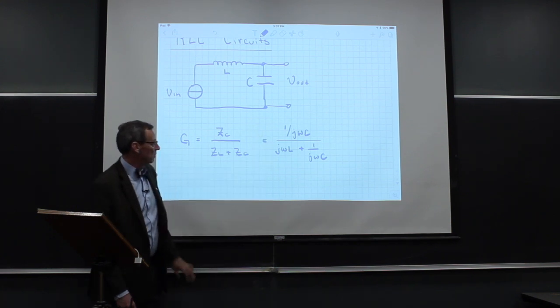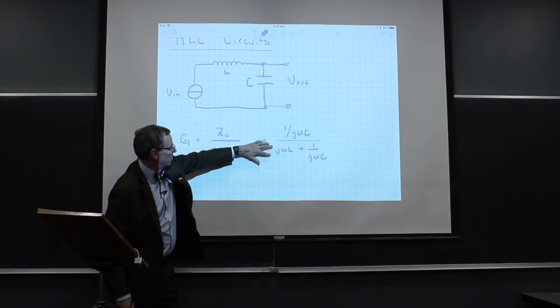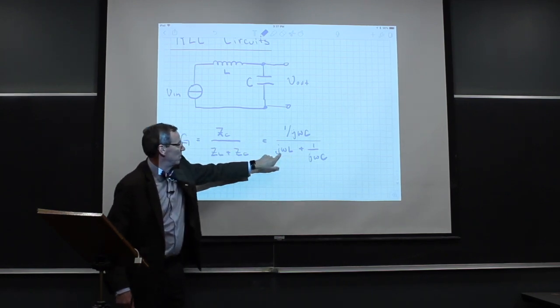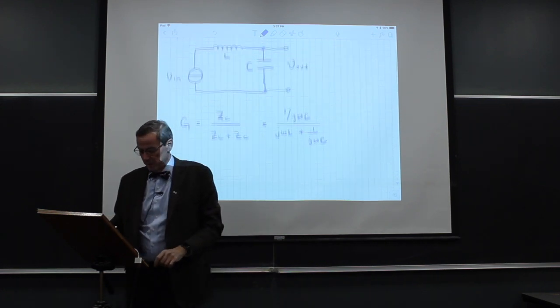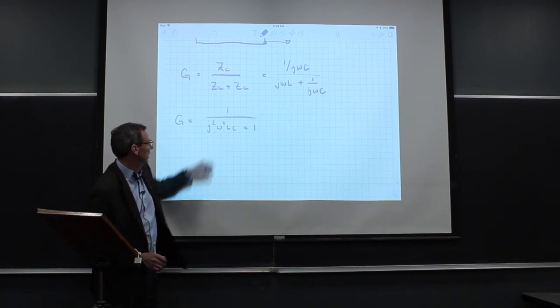That looks a little nasty, but we can simplify it. We multiply the bottom by j omega C. It's going to cancel this factor out and fold in there. We're going to get that the gain is 1 over j squared omega squared LC plus 1. I'm just multiplying that through.